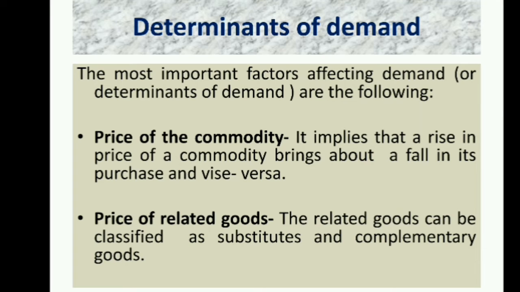Okay, when the price of a related commodity changes, it influences the demand. For example, tea and coffee are two substitute goods. When the price of coffee increases, the demand for tea increases.